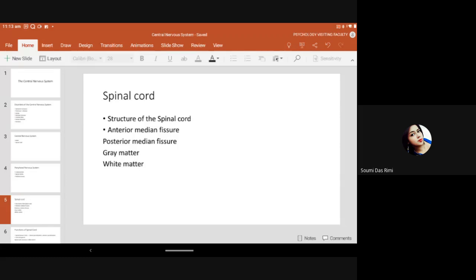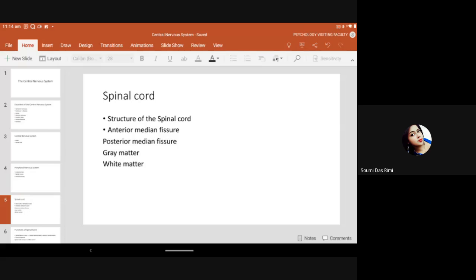Now there are two places where it bulges. That is the cervical region and the lumbar region. So you can get short MCQ questions like: what are the two sections that bulge? They are the cervical region and the lumbar region.